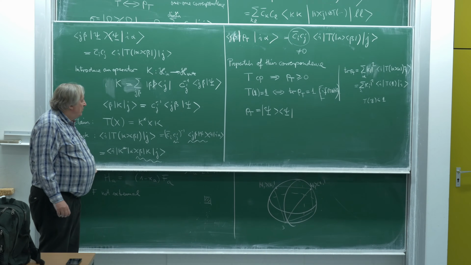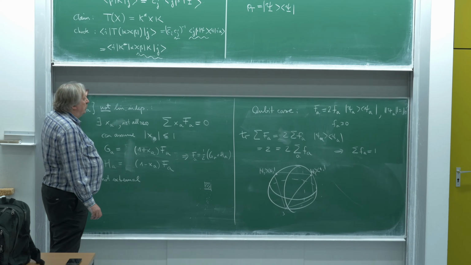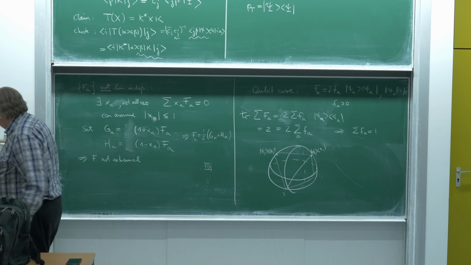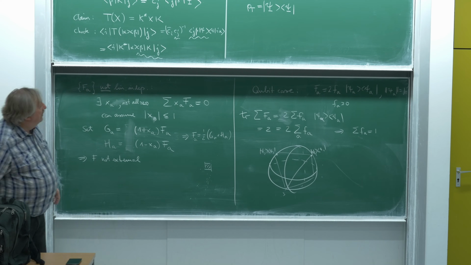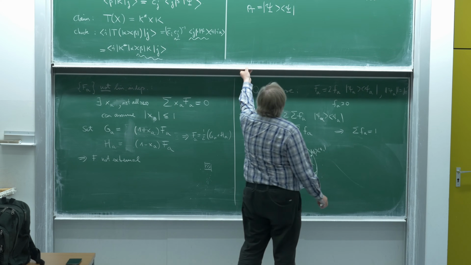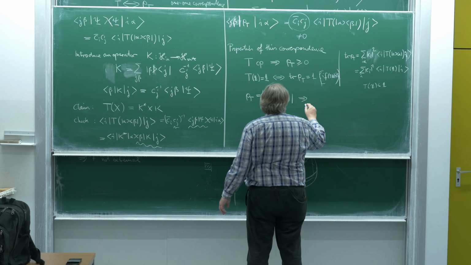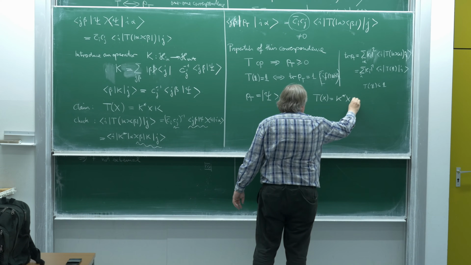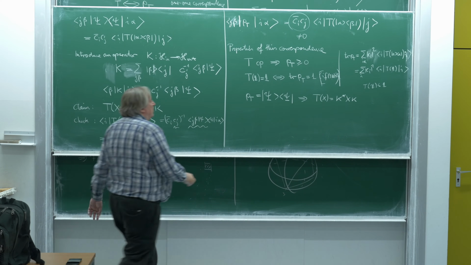So what we can conclude from that is that maybe I should erase 2 points now. How much time do I have? Yeah, a little bit. So this will give us an entry in, maybe I should write the entry in this table, right? So if this is the case, then P of x is K star x K. And this whole computation also runs backwards, so you can have something like that.